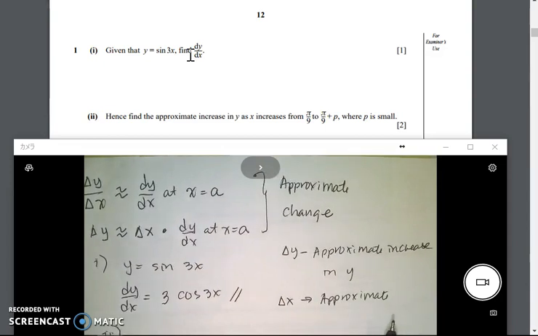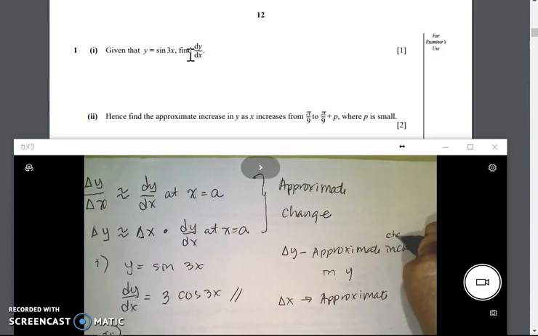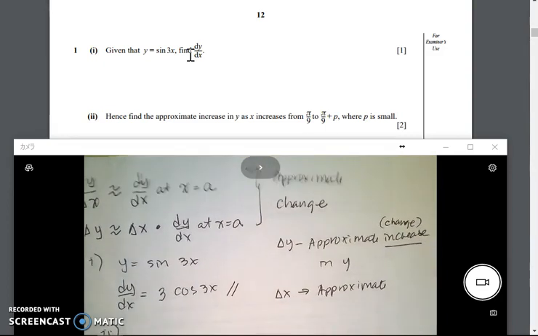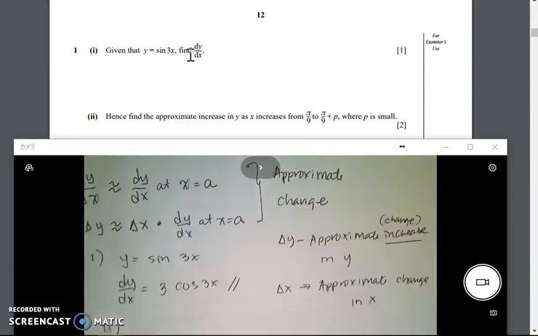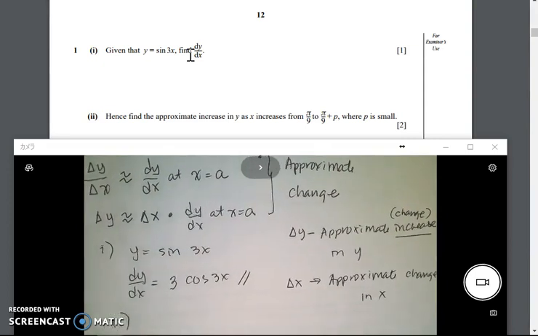Not approximate increase in y, but approximate change in y. And again, when we see change, it's either increase or decrease. But in this problem, it says increase. And the delta x is the approximate change in x.